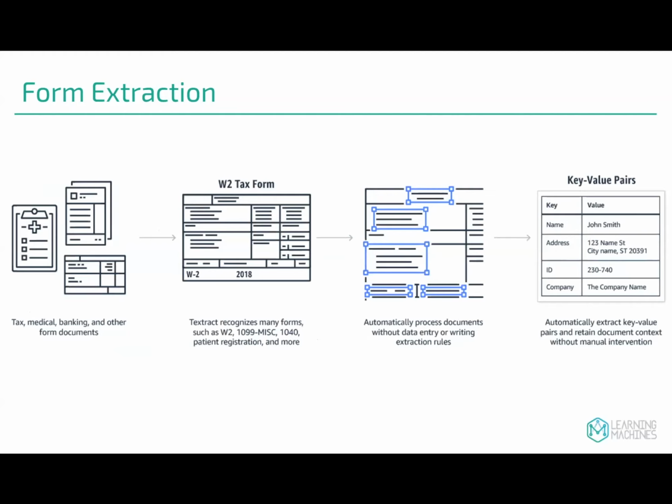Now, quite a couple of other types of OCR systems might require you to do a manual configuration of where to pick values within your documents. And each time a document layout changes, you will need to then update those layout formats in those OCR packages. With Textract, it's not necessary. It automatically detects the layout of your form, and so there's no manual configuration or updates that you need to do.